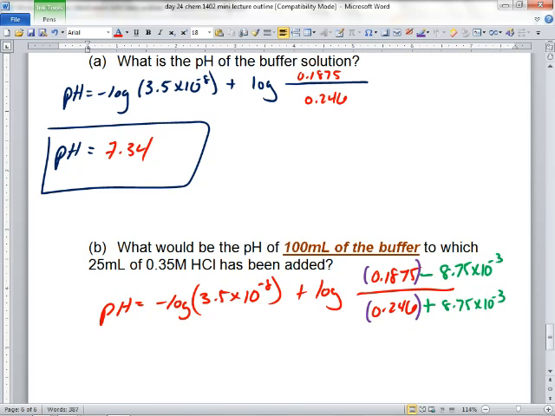Whoa! Why are you using 25? The 25 mL has nothing to do with the buffer. They took 100 mL of the buffer. What fraction of the buffer did they take? It would be what over what? Fraction of the buffer used would be what over what?